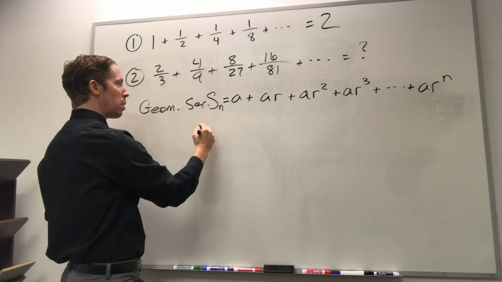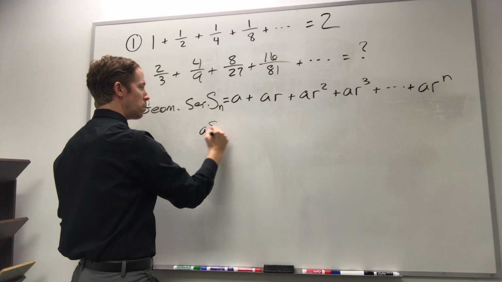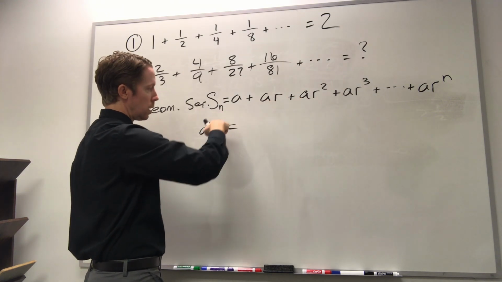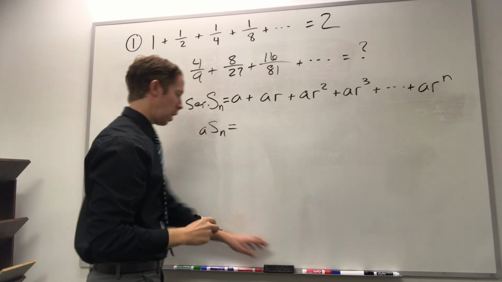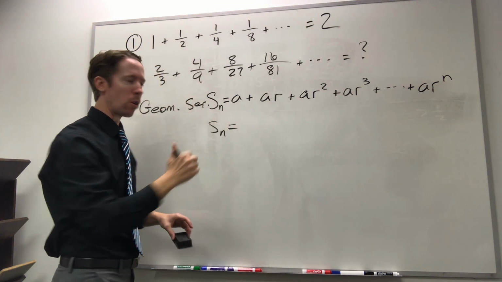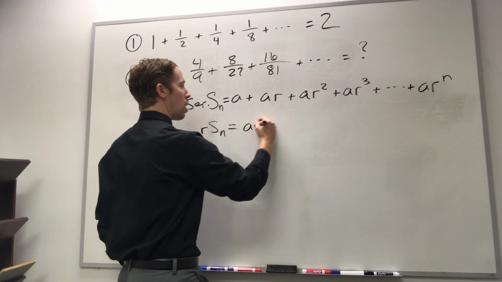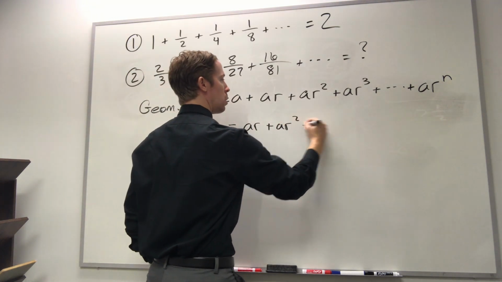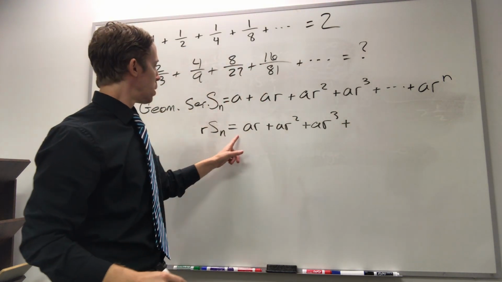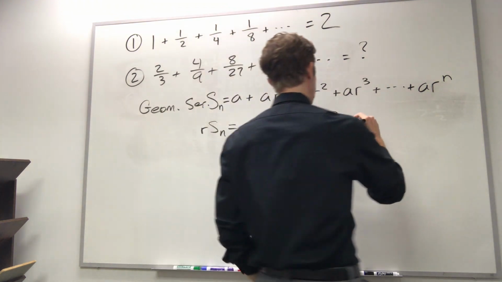If I multiply this partial sum by a, then I get something that looks very similar to Sn itself. I'm sorry, I don't want to multiply by a. I want to multiply by the ratio r. If I do that, I get ar plus ar squared plus ar cubed, and so on. And my last one is going to have r to the n plus 1.